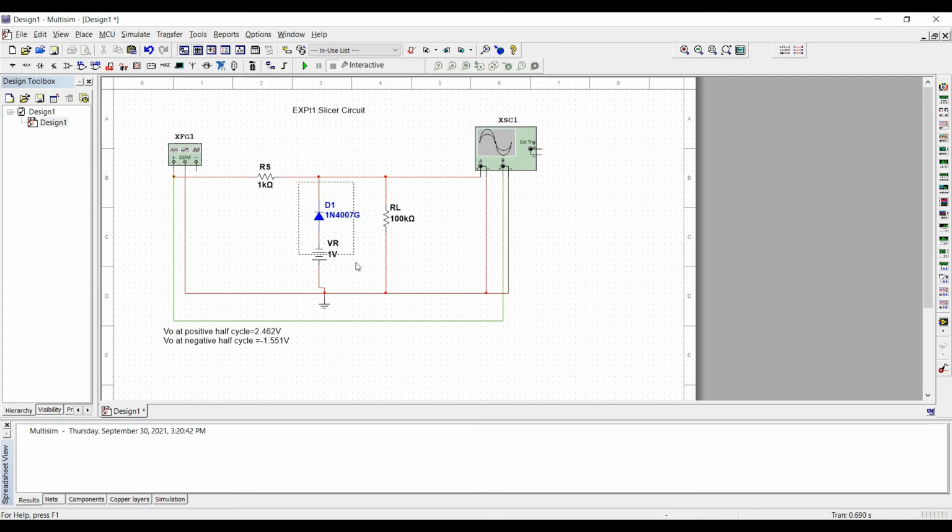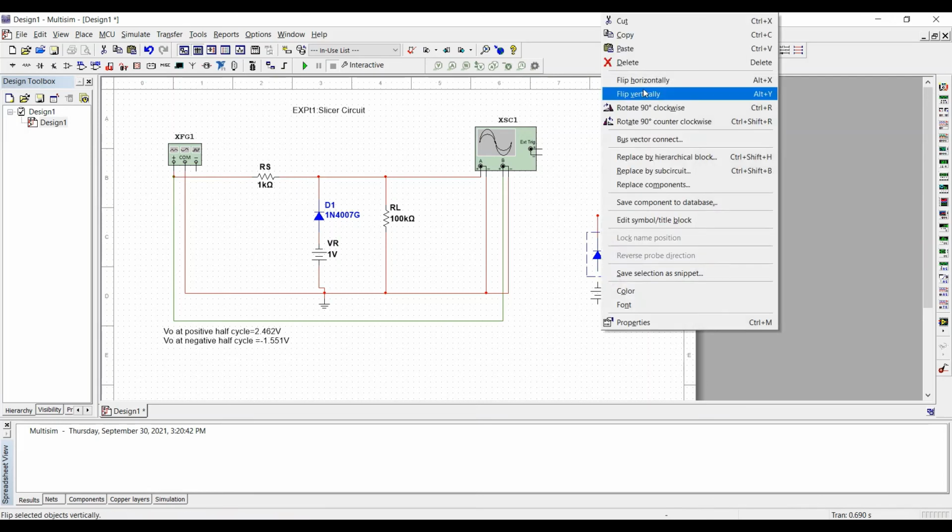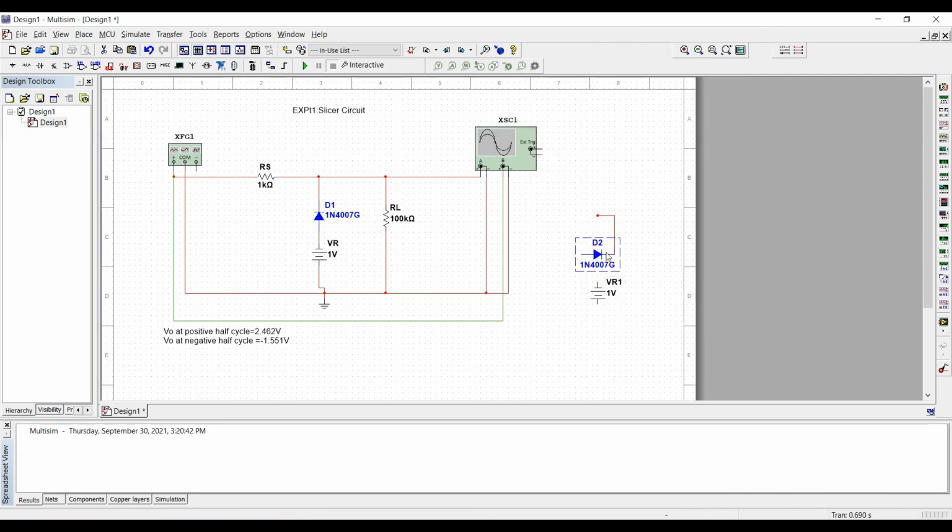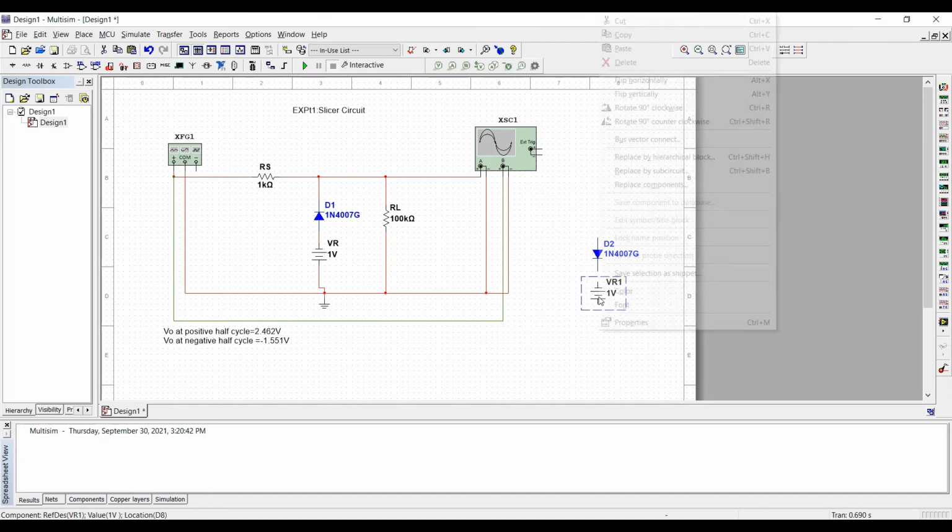Just select this part and copy it. You have copied it. Open the connections. Rotate the diode. Change the direction of the voltage.